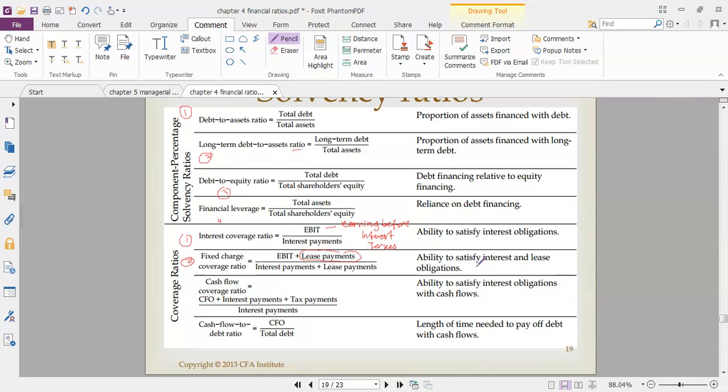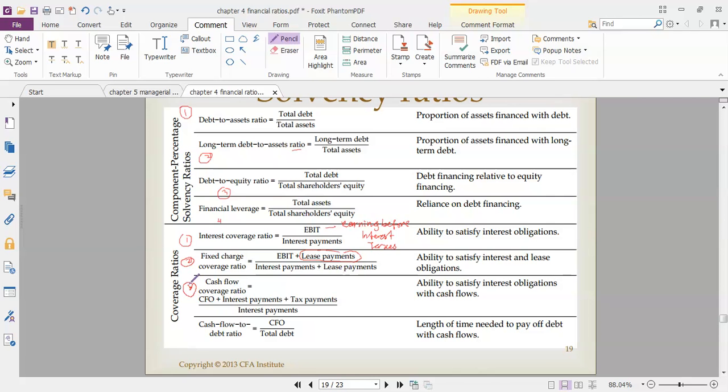When we calculate the fixed charge coverage ratio, we will know the ability to satisfy interest and lease obligations. Lease is the same as a loan, actually.